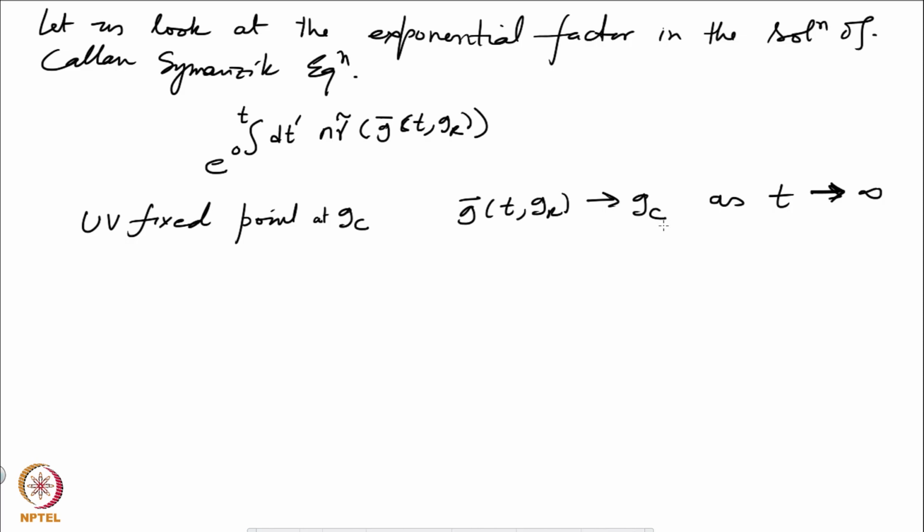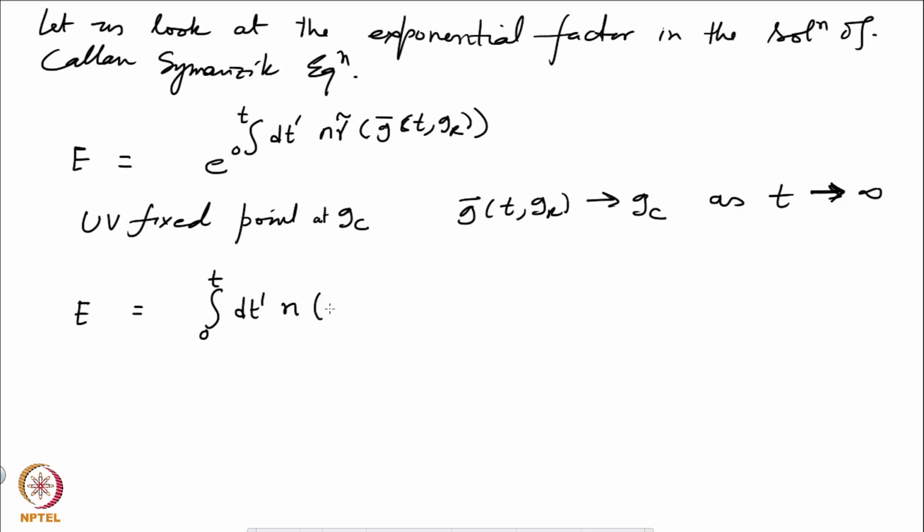So we are looking at a theory with the ultraviolet fixed point at g_c, and then let's analyze what this exponential factor becomes. Let me give it a name, let's call it capital A. So this exponential factor becomes the integral from 0 to t of dt prime, n times gamma tilde.